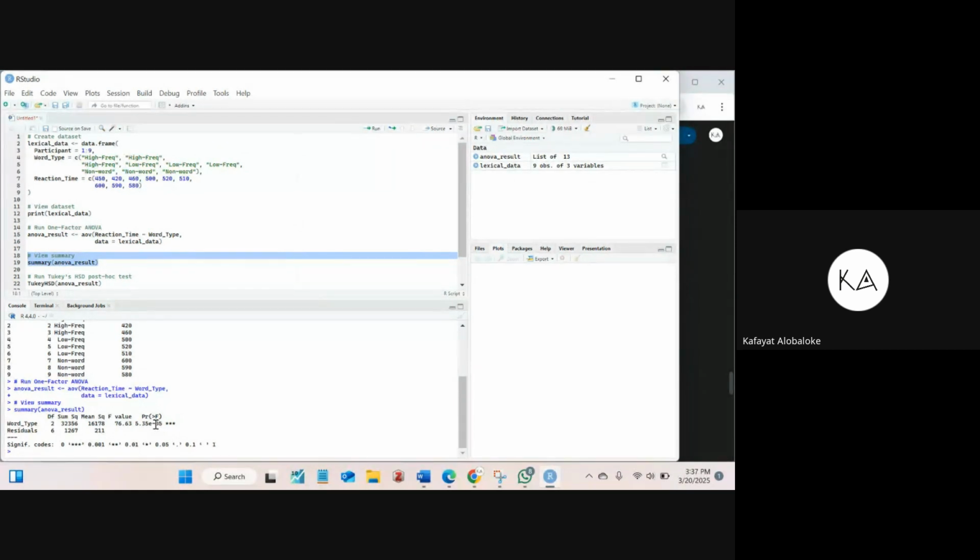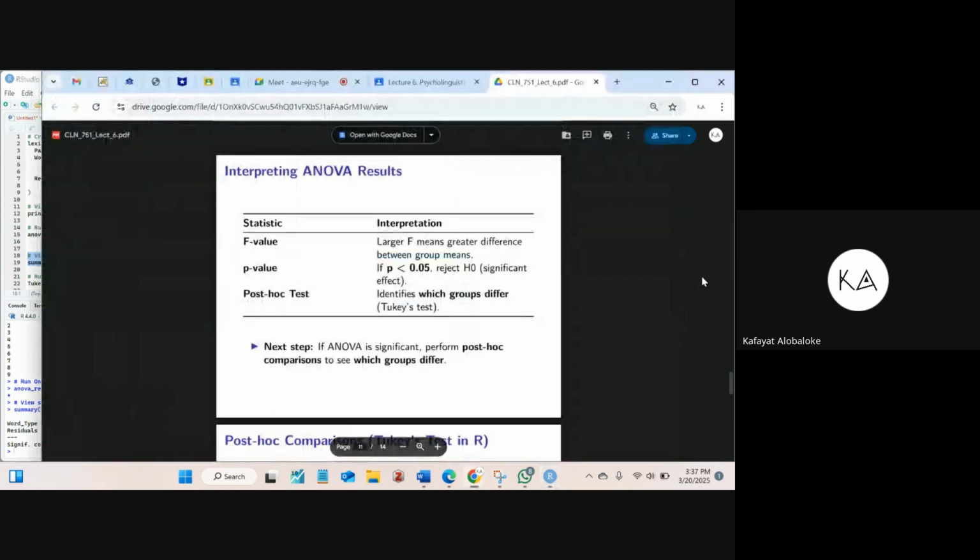The exponential minus there means the 0.000. So this is way less than 0.05, which is our alpha value or significance value. From the interpretation guideline here, a larger F means greater differences between the groups.